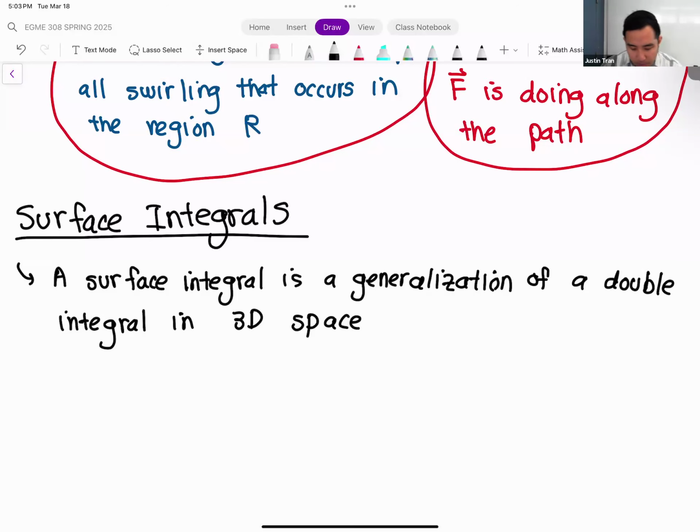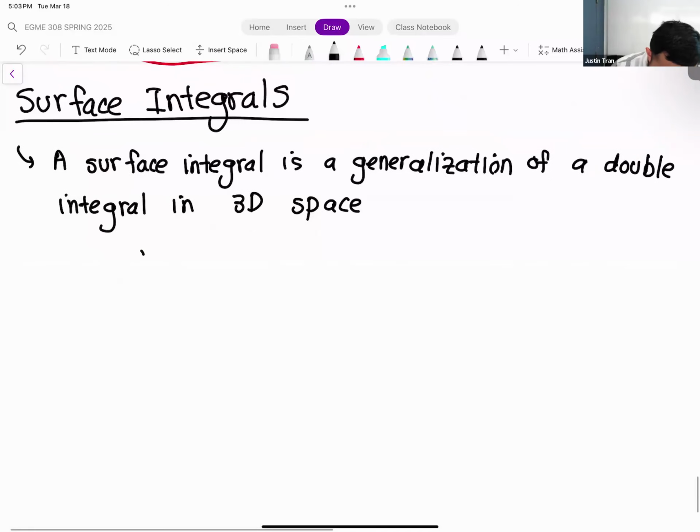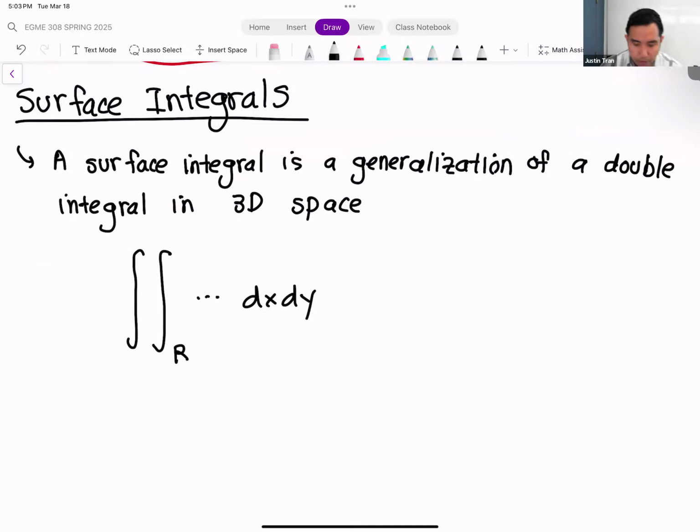All right, so we just got done talking about double integrals, and a double integral looks something like this. But all the double integrals that we've been doing have been pretty much constrained to just the XY plane.